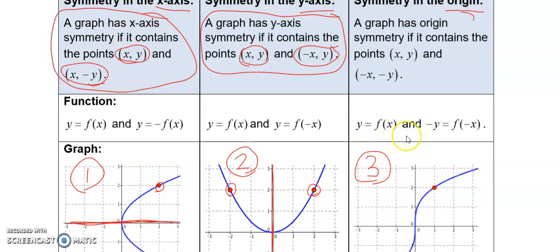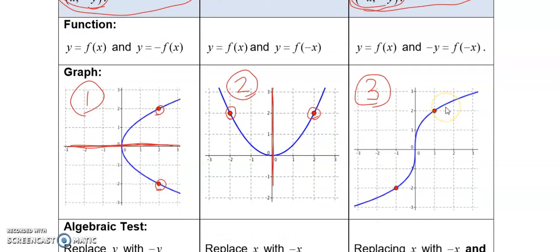And thirdly, if you look at this right here, this tells us that if a function is symmetric with respect to the origin, then not only does it contain the point x, y, but it also must contain the point where both of those coordinates have their signs changed, negative x and negative y. So that would be a point like here and here as well.